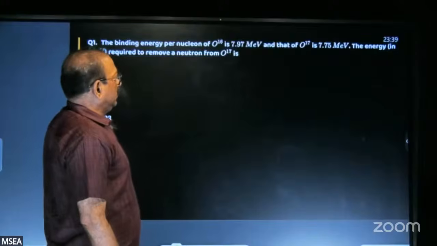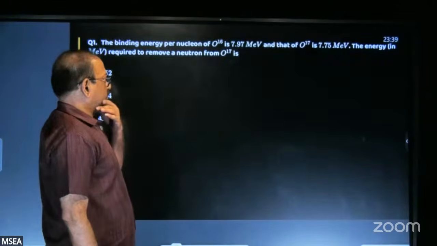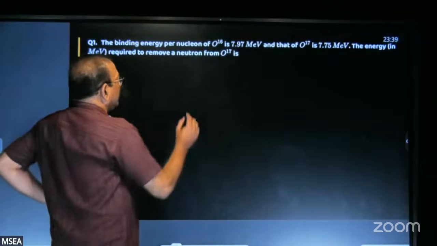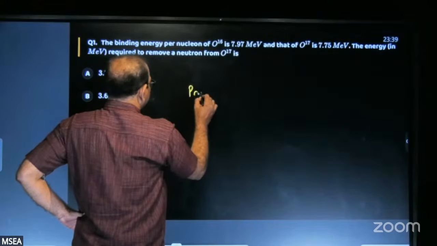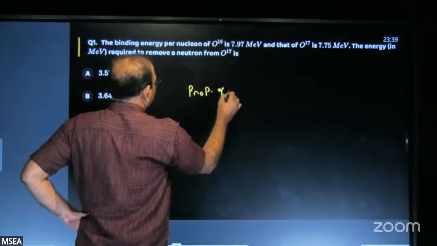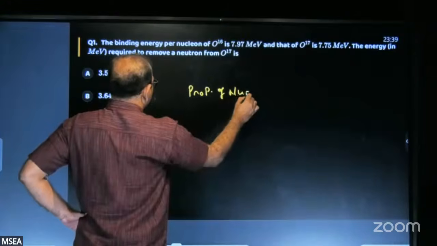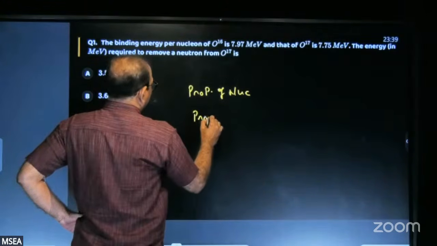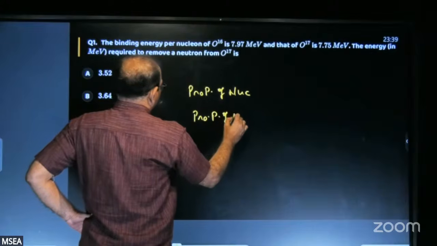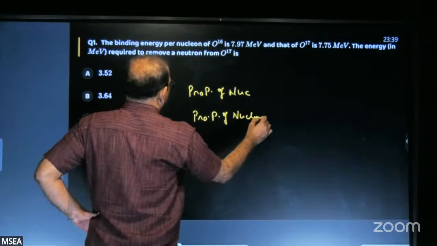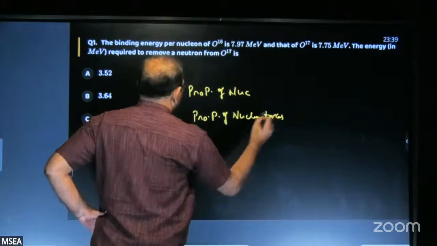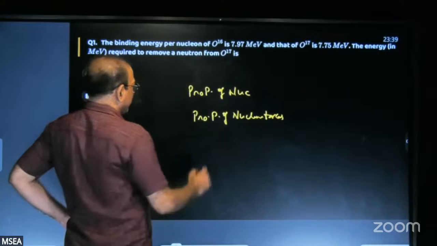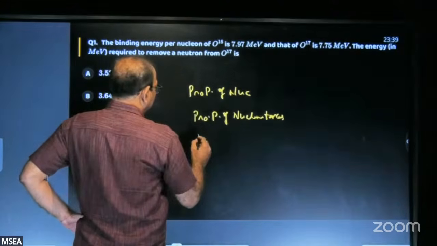Now, coming to nuclear physics, properties of nucleus. You have to focus on these areas. Properties of nucleus. Properties of nuclear forces. Nuclear forces.